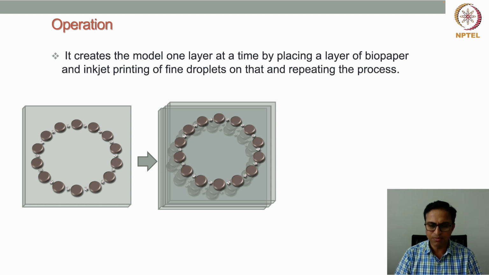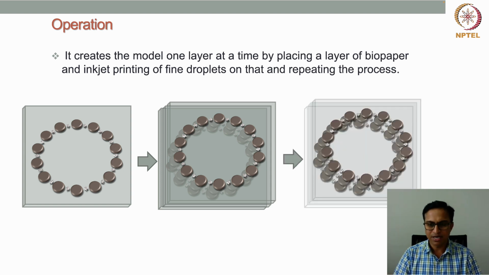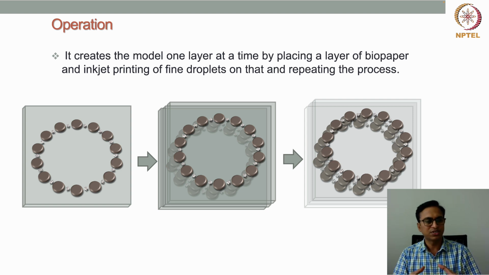And then, this biopaper is a biodegradable substance, so it will dissolve or degrade on its own. Before dissolving, the cells that are there in these droplets will come in contact with each other, they will assemble with each other, and then they produce the extracellular matrix, they will make up the tissue, right?